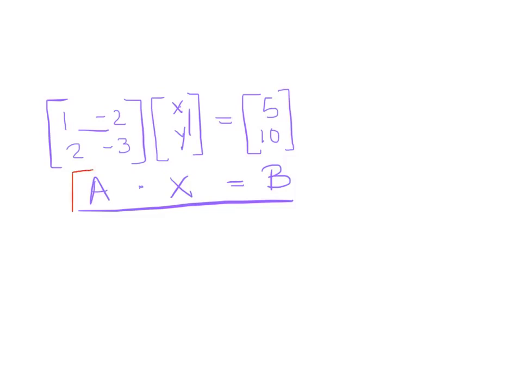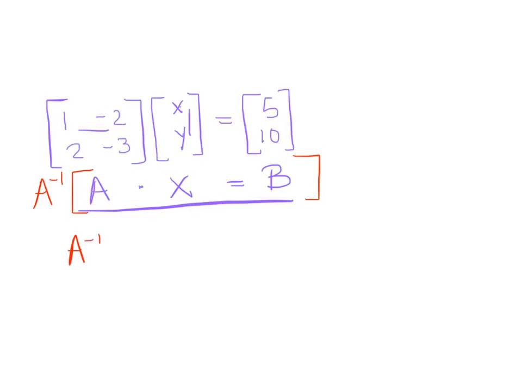I'm going to multiply both sides of my equation by A inverse on the left. Remember, matrix multiplication is not commutative. So if I'm doing it on the left side of the equation, I have to multiply on the left for the right side of the equation too. Let me show you.